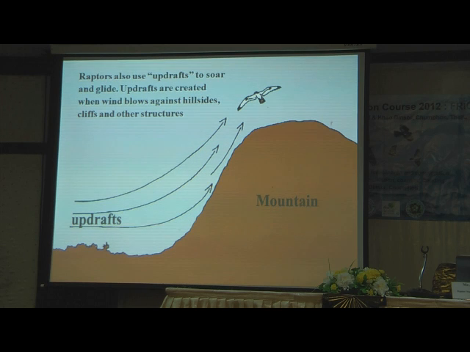Another way that they use to save energy when they migrate is to use what we call updrafts or uplifts. These will occur when there is wind that hits against a hill or mountain, or can also be some tall buildings, and when the wind gets pushed up, they will just ride on the wind.